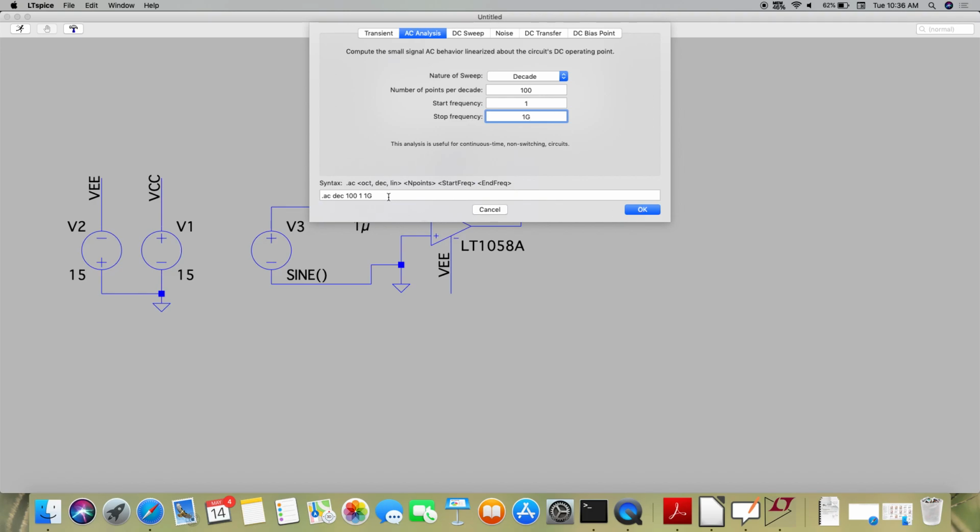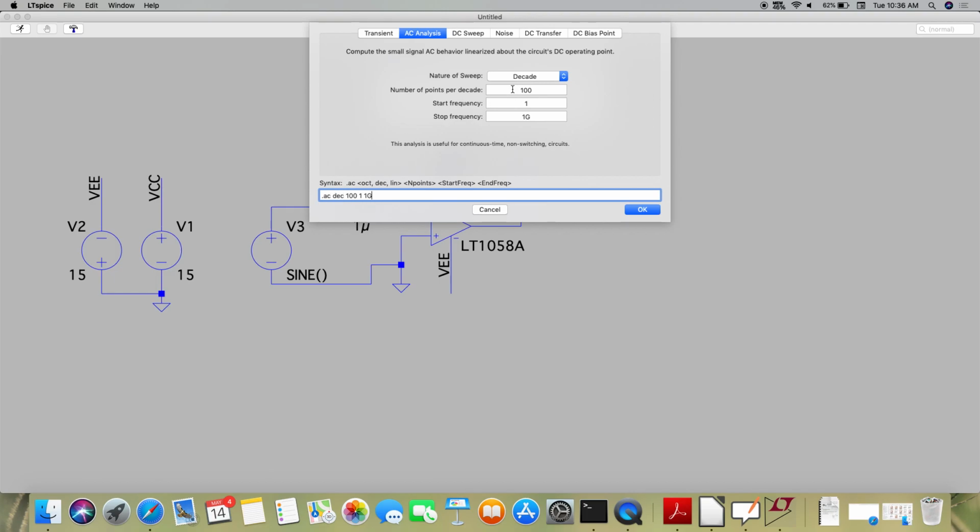So here you can see that some command is automatically written explicitly. This is called .ac. .ac will tell you that this is AC analysis. If I want to do transient, it's known as .tran. For DC, it's .dc, .noise. Sometimes pole zero analysis is also done, known as .pz. So all will have some commands, like I have to use decade.